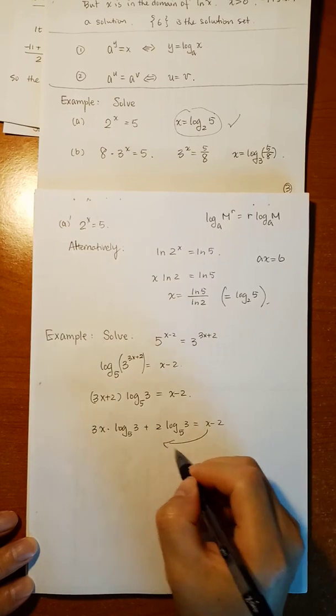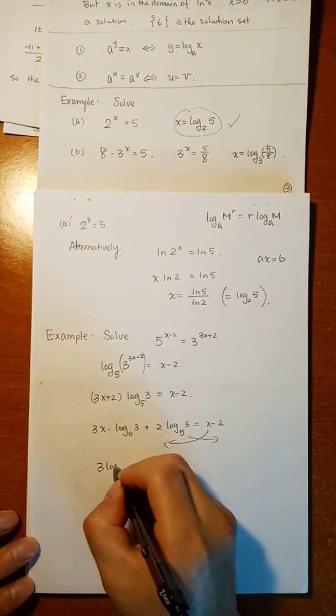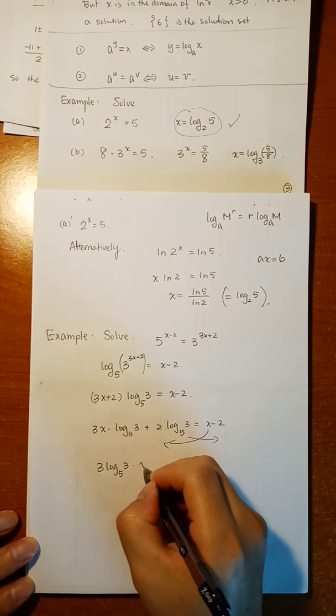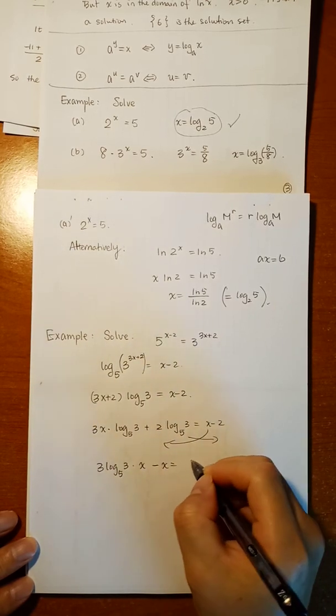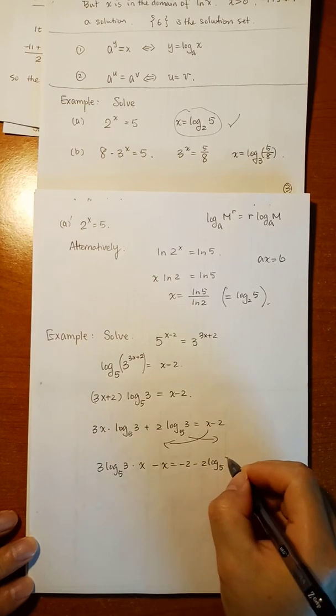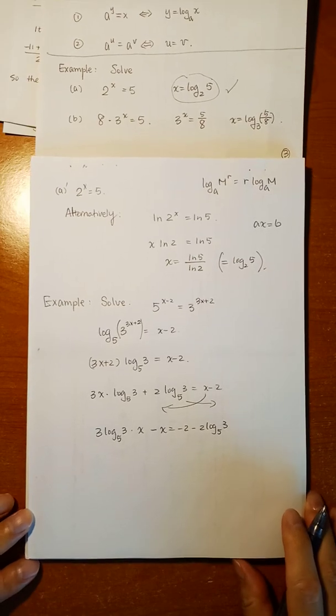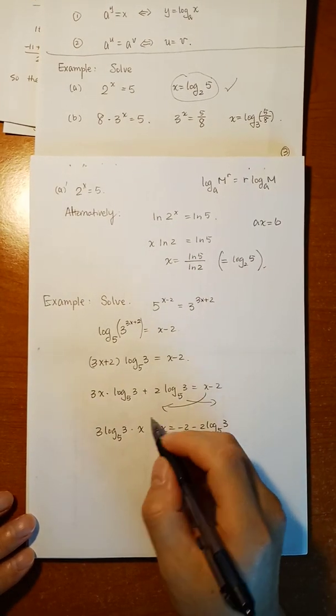And I'm going to move x to the left side and this number to the right side. So 3 log 5 of 3 times x minus x is equal to negative 2 minus 2 log 5 of 3. Okay, and we factor out x.